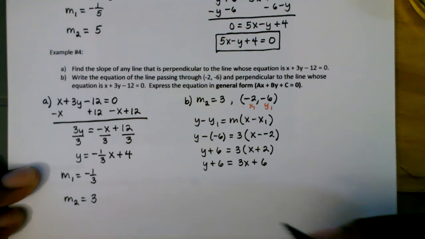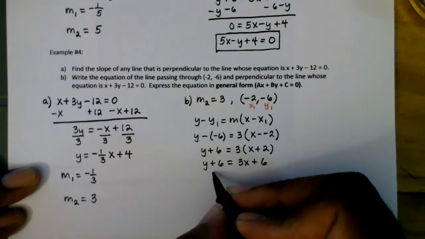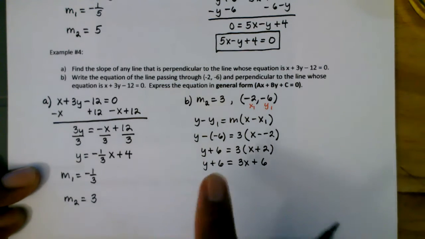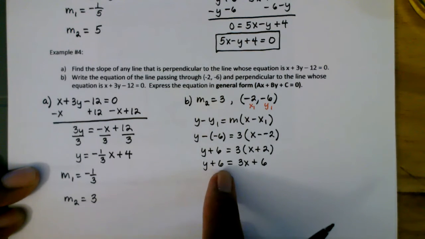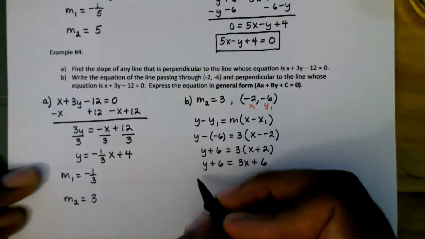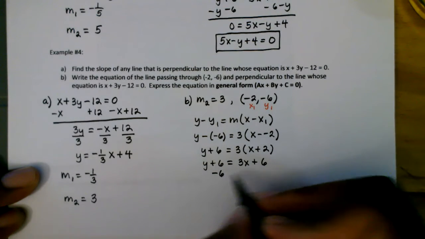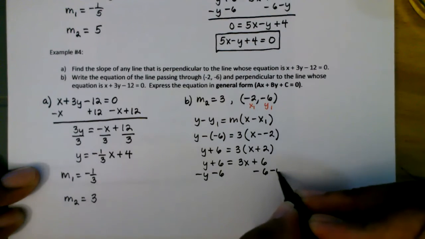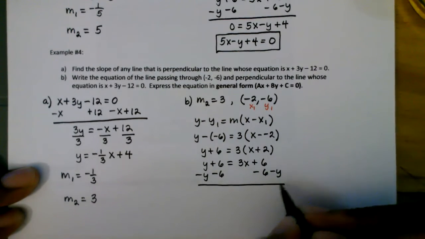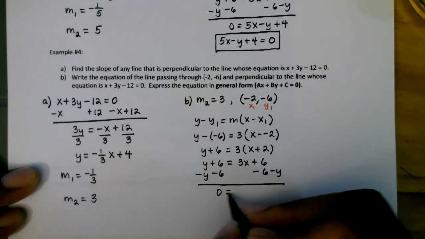And now to solve this equation for y, well, let's do this. We're writing it in general form, so that means I need to move the y plus 6 over to the opposite side. So I'm going to subtract 6, and I'm also going to subtract y on both sides. So I'm going to have a 0 on this side.